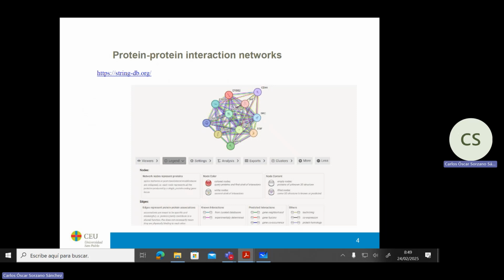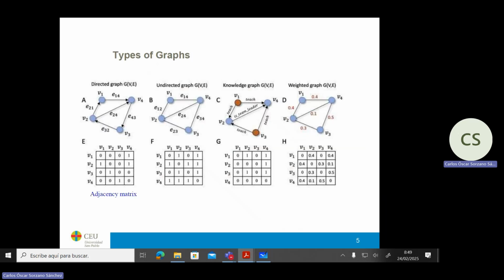So the rows are where the relationship starts, and the columns are where the relationship ends. So this one is starting in V1 and finishing in V4. And this is a directed graph, so there is no connection between V4 and V1.